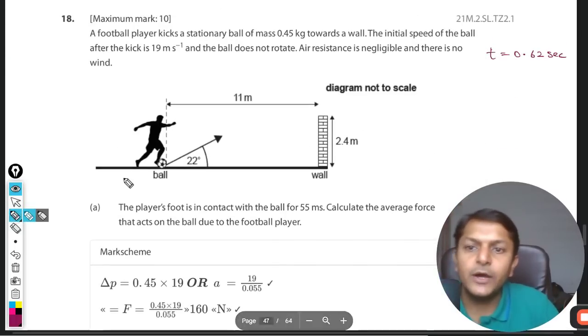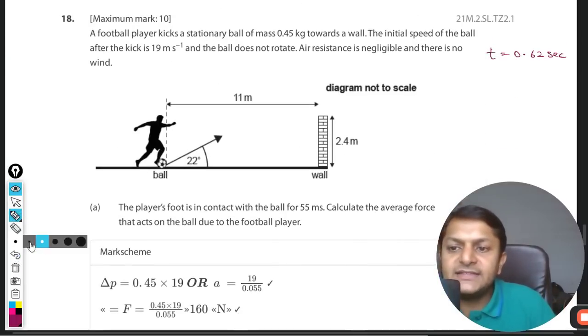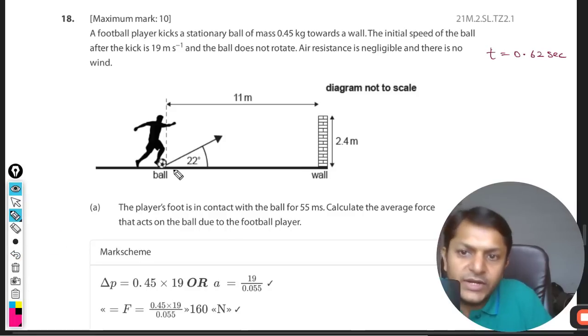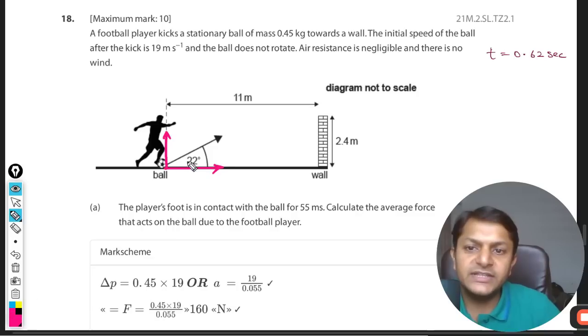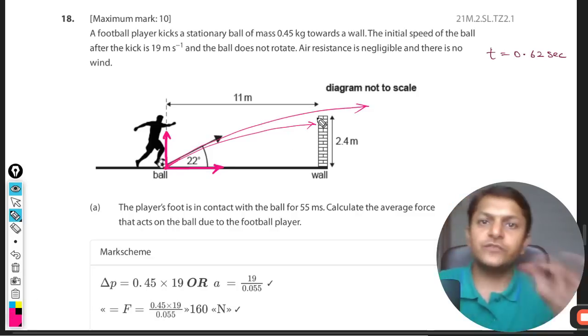Yes, this is the diagram now. So as earlier, I have drawn the components here. So this is one component, and this will be the other component here. This time, because we literally want to find where the ball is going, there is a possibility that the ball might be hitting the wall like this, and it might pass over the wall like this.